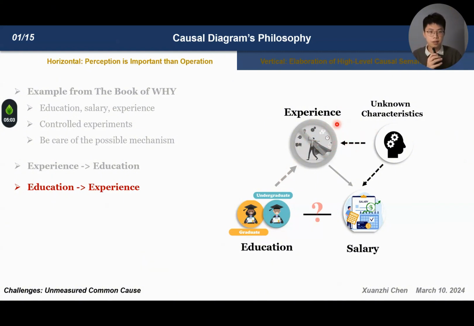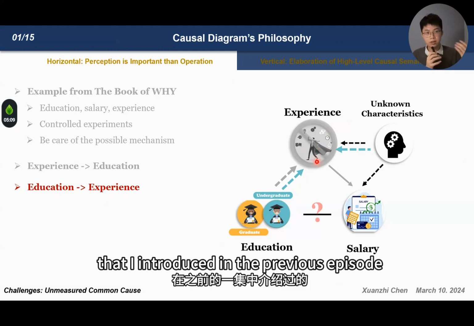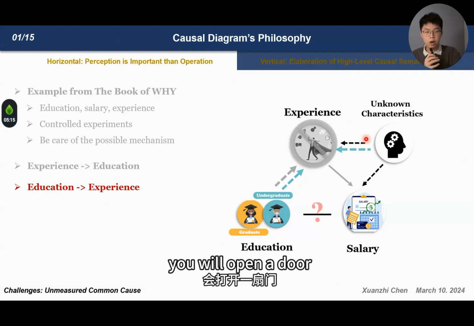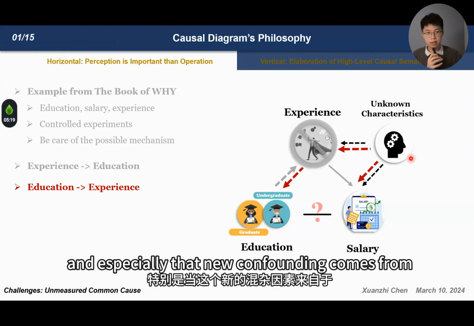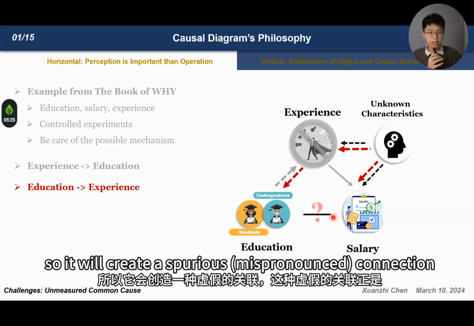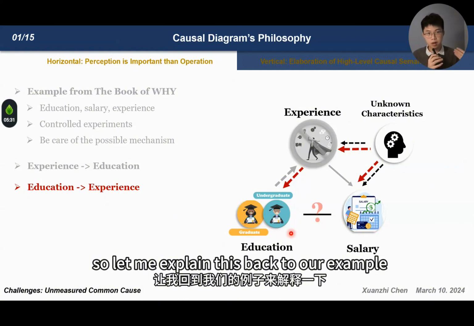collider. If you still remember the concept of collider that I introduced in the previous episode, then you might know that the result of the collider is that you will open a door for new confounding, especially when that new confounding comes from an unknown characteristic. So it will create a spurious connection between the factors you're interested in. Let me explain with a better example.